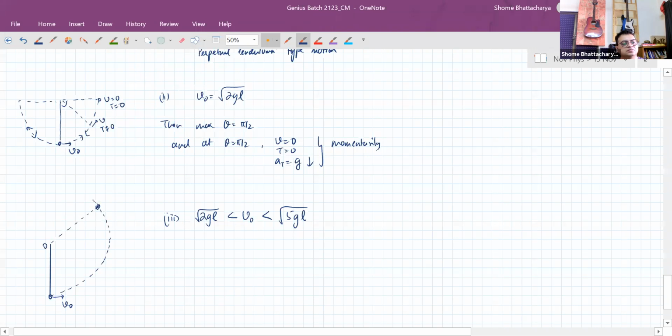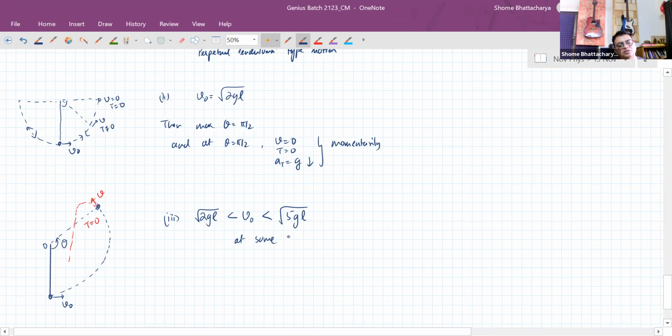Instead, at some theta before it reaches this point, it has a speed, but the tension becomes zero. From there onwards, it falls in a projectile path.